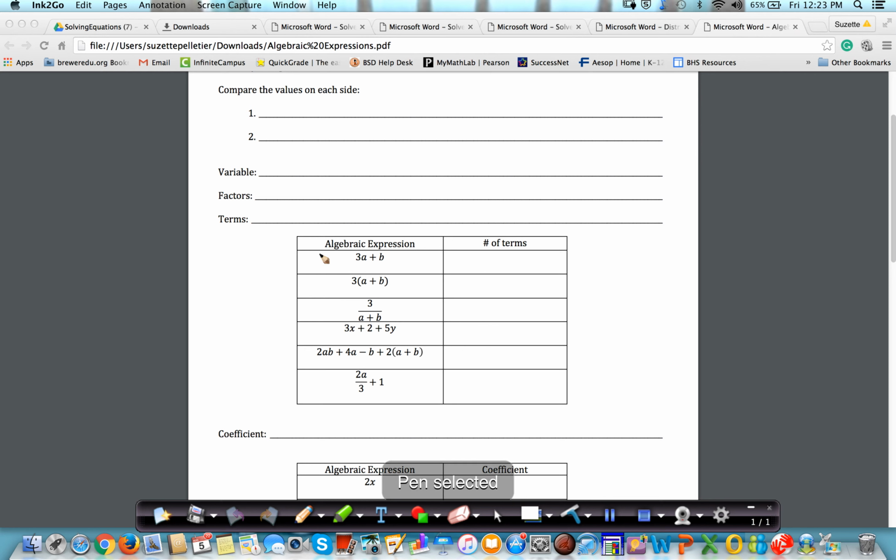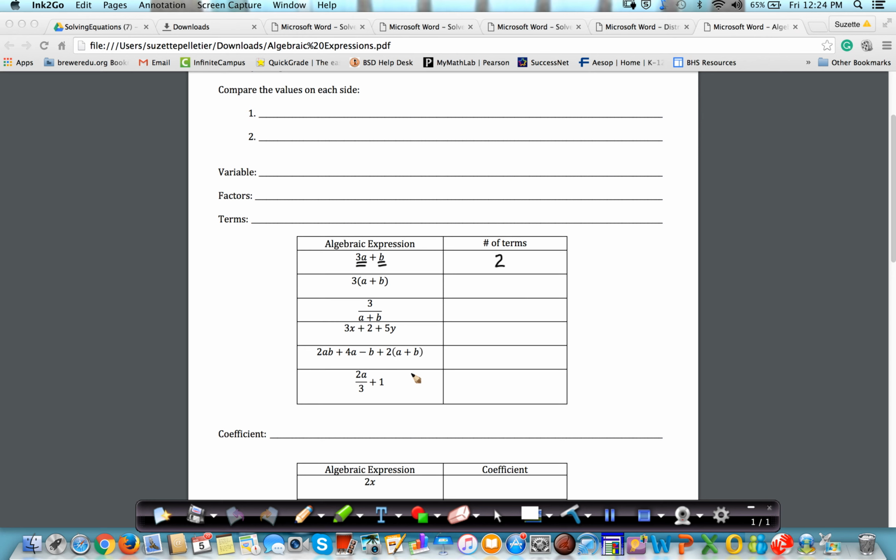In this particular algebraic expression, remember I said terms are separated by addition or subtraction. This is a number and letter being multiplied together. So this is that product of numbers and letters, and then this is just a letter. So in this particular expression, there are two terms. The 3a is a term, and the b is also a term.